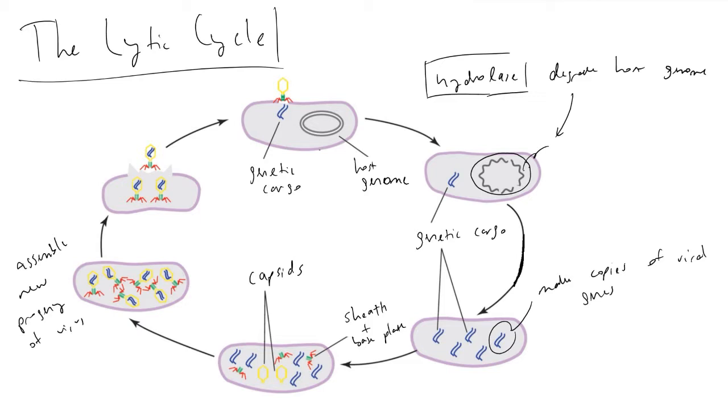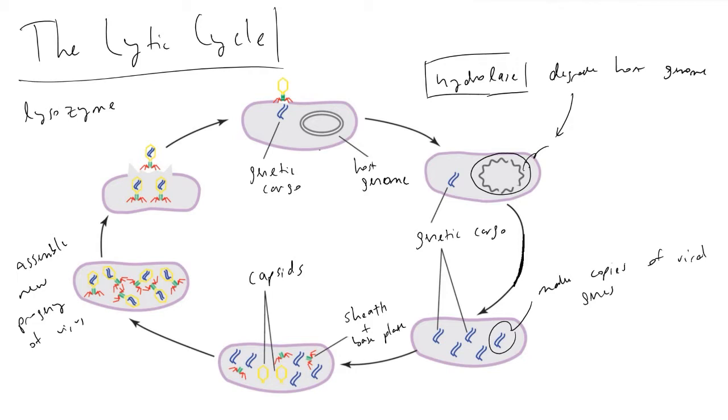And once the progeny have been created, the final step in the lytic cycle is going to be the production of something called lysozyme. And so lysozyme is an enzyme that will weaken the cell wall of prokaryotes to such an extent that it becomes permeable.